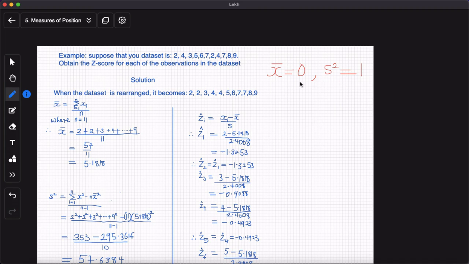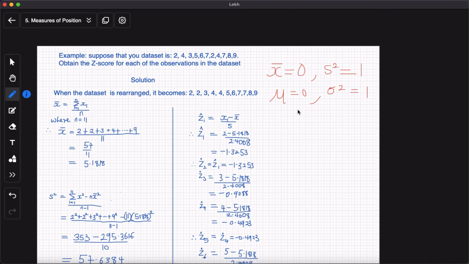So if you use a sample, then you get this. But if you use your population, then it will be this. So don't get confused about which to use.